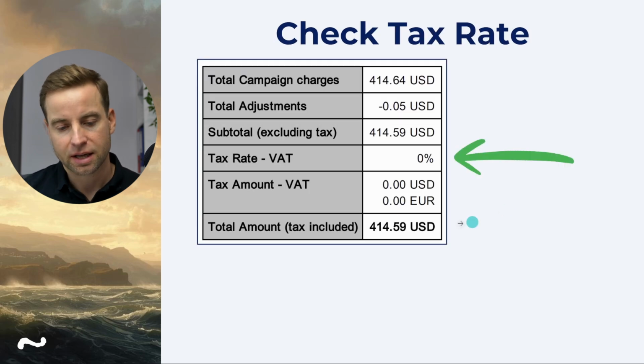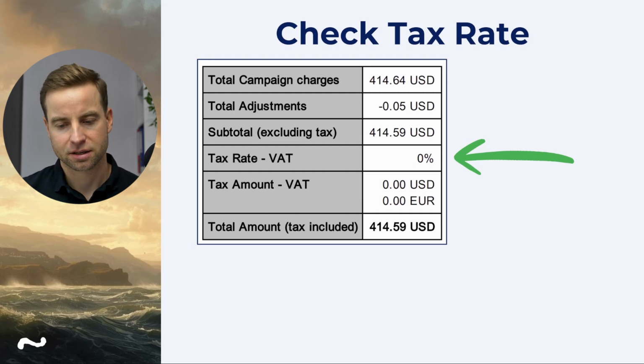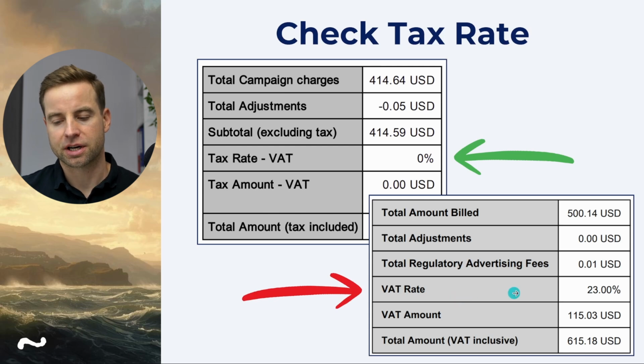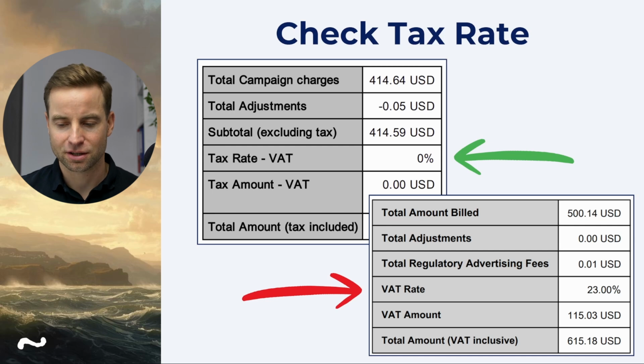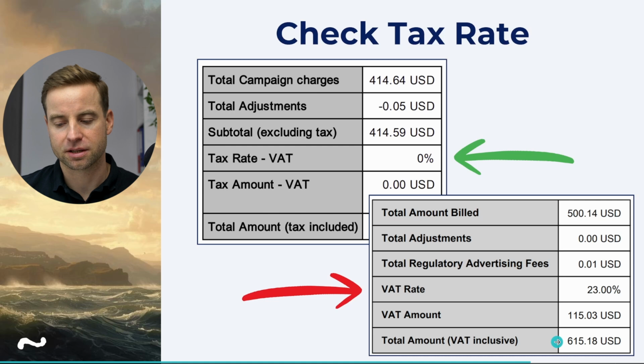In this case, the tax rate on our ad spend is 0%, so we are not paying additional tax. However, if you see something like that, it means that on top of our ad spend, Amazon is charging 23% of value added tax. So instead of paying $500, we effectively paid $615.